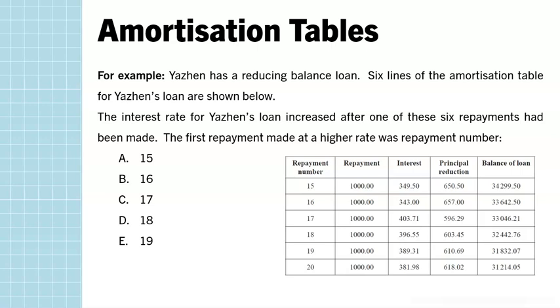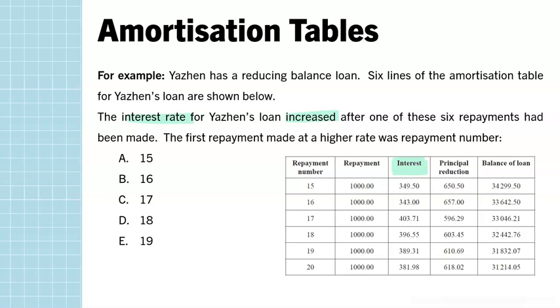So if my interest rate has increased, what I am expecting to see is that the amount of interest that I'm being asked to pay is not going in the same pattern as I expect. So I'm looking for, instead of it decreasing each time, has one of those interest payments increased in comparison to the previous one?